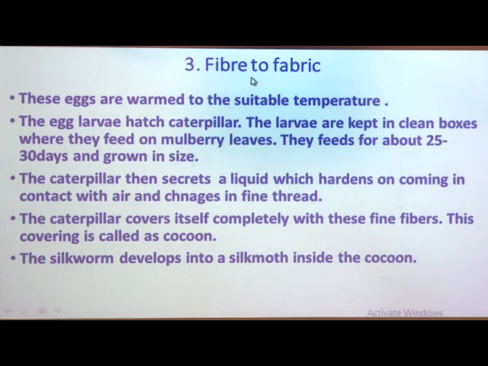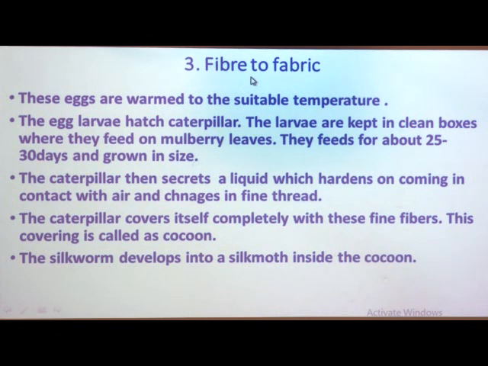When we provide food to these caterpillars, then only can they grow and go to the next stage of their life. So, what is the next stage? It is the pupa. Before the formation of pupa, we have to provide them mulberry leaves.